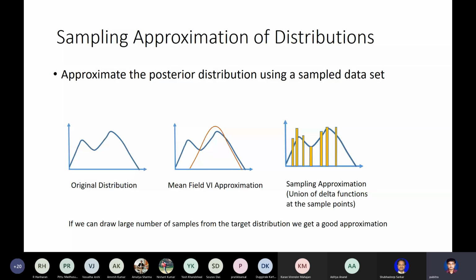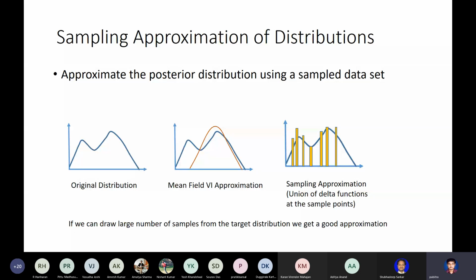Because this distribution, as you have said, is intractable. We don't have access to this distribution. We could not calculate or compute this distribution. Okay, so how do you generate a sample from a distribution which is intractable?